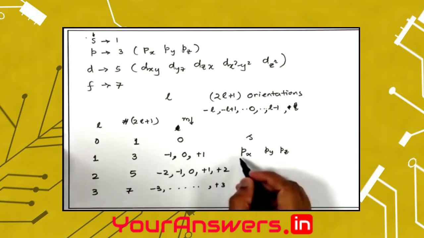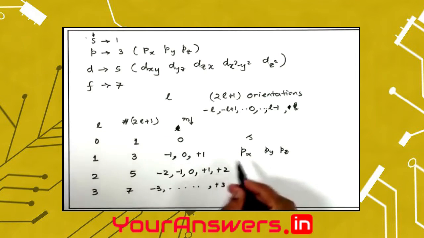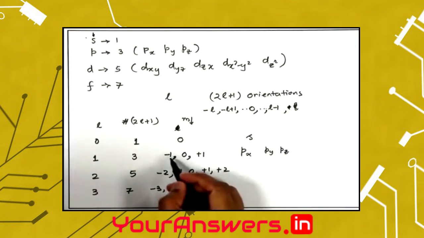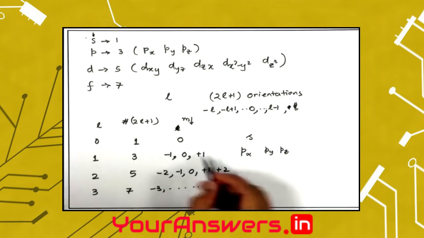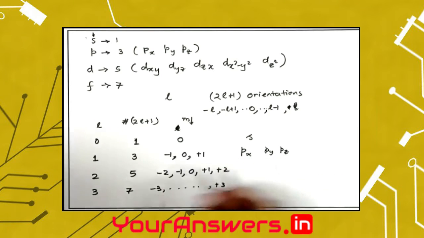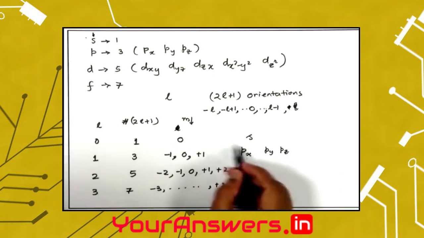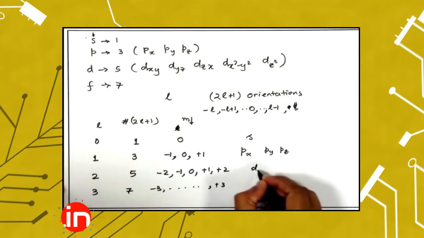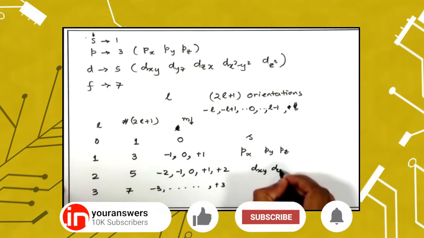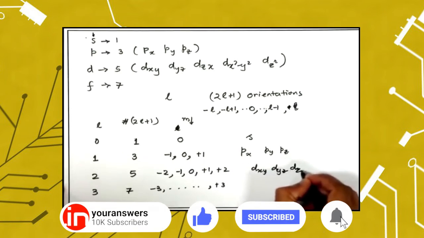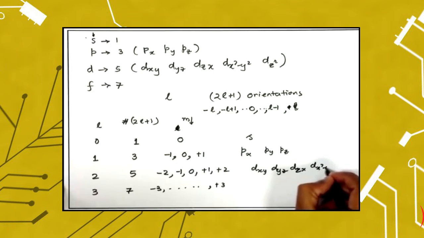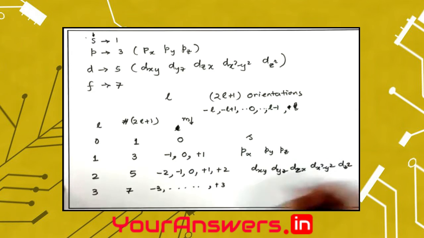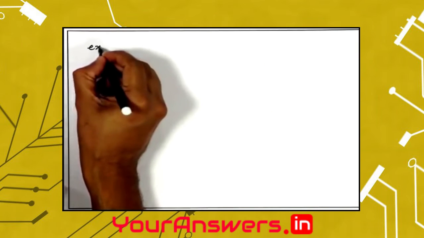So, we will be happy if we know this much, that for L equals 1, there are 3 different orientations. Their magnetic quantum numbers are minus 1, 0, plus 1, and we call them px, py, pz. We will not try to provide a one-to-one correlation between them. And similarly, when L equals 2, we have dxy, dyz, dzx, dx square minus y square, dz square, and f will have 7 different orientations. Let us look at this example.